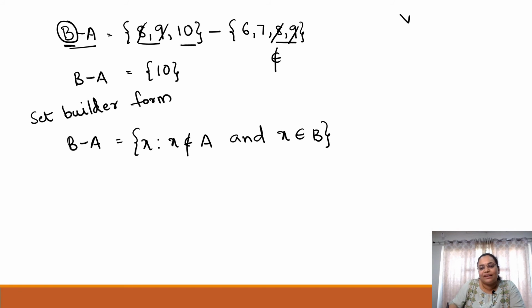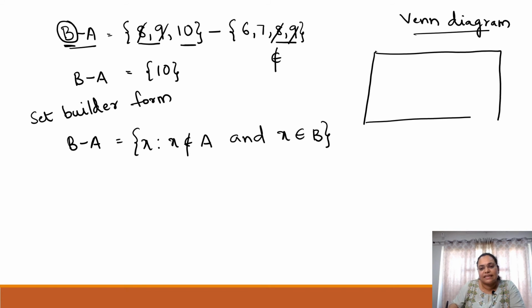And what about the Venn diagram? Venn diagram. So this is the universal set. This is A and this is B. A has common 8 and 9, 6, 7 and 10.